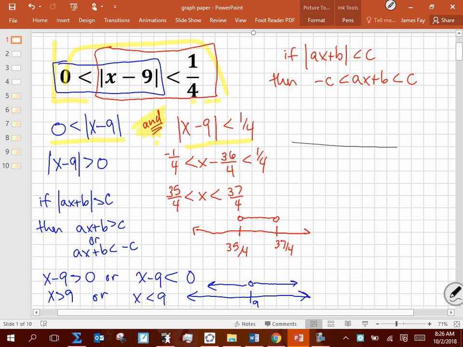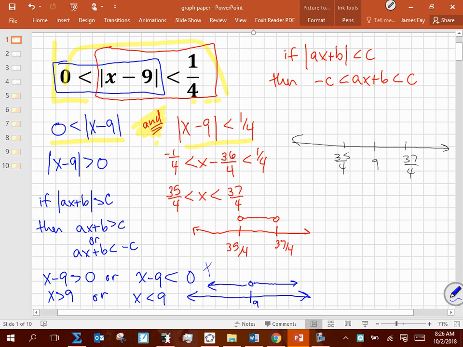And I'm going to put these graphs on the same number line, okay? So I've got 9 here. I've got 35 fourths, and we'll have 37 fourths, right?